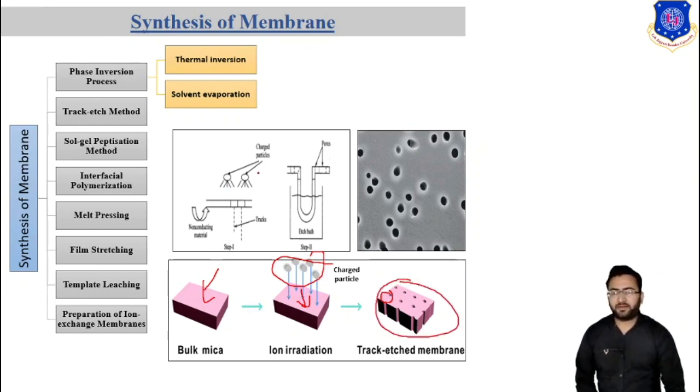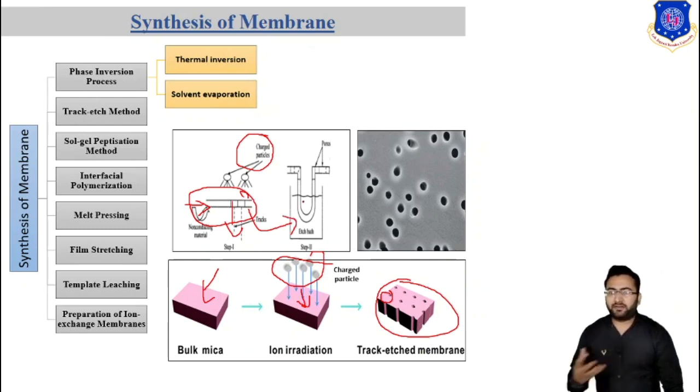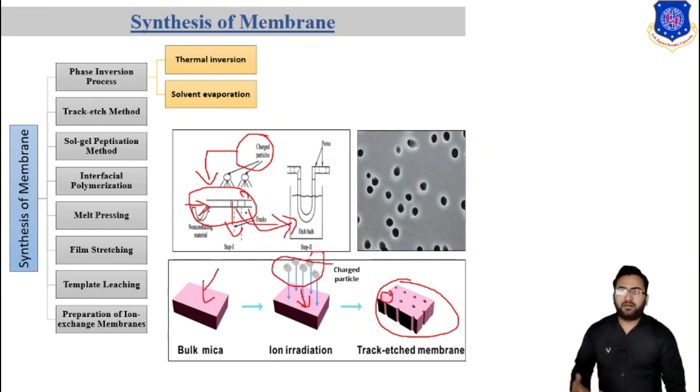So in the first step, we strike or bombard the charged particles on the membrane surface so that we get the pores, and this membrane goes into the etch bath, so we will get the uniform membrane. So there are two steps in the track-etch method. In the first step, we strike the charged particles on the membrane surface, and then it goes to the etch bath for the etching purpose, where we get the uniform pores.